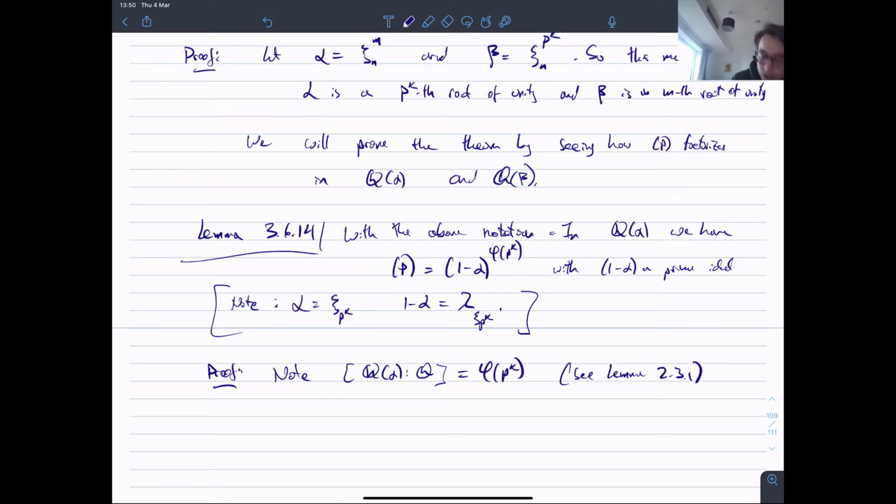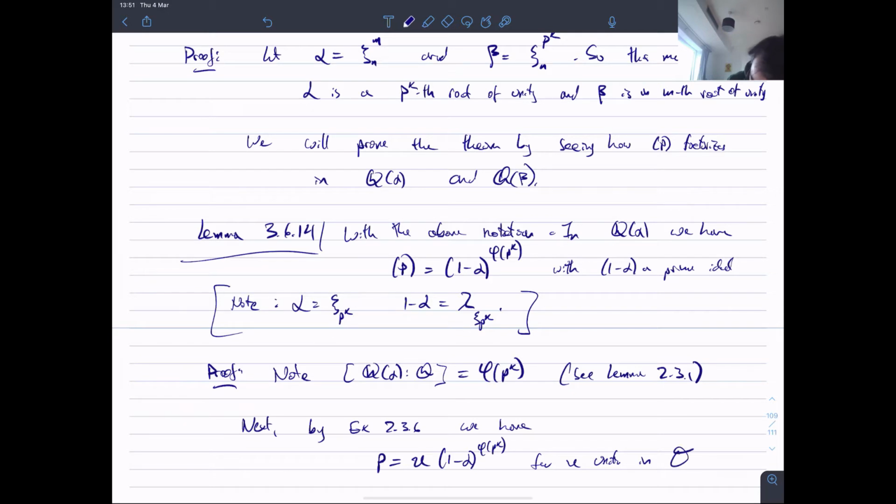Now, this was one of the exercises that I left in the notes for you to do, but it's fine if you haven't done it. Next, by exercise 2.3.6, we know that the prime number p can be written, in this field, as u times (1 minus alpha) to the phi(p^k), for u a unit.